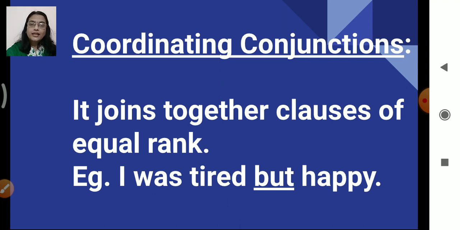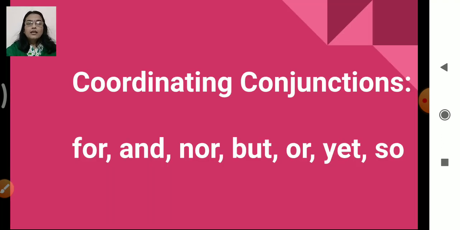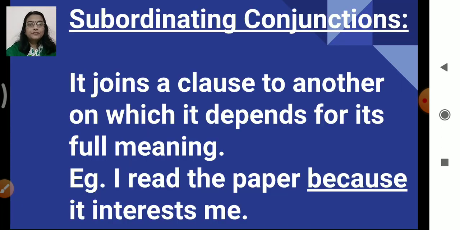To join together clauses of grammatically equal rank. And here we can see a few of them: for, and, nor, but, or, yet, so. So these are the coordinating conjunctions.